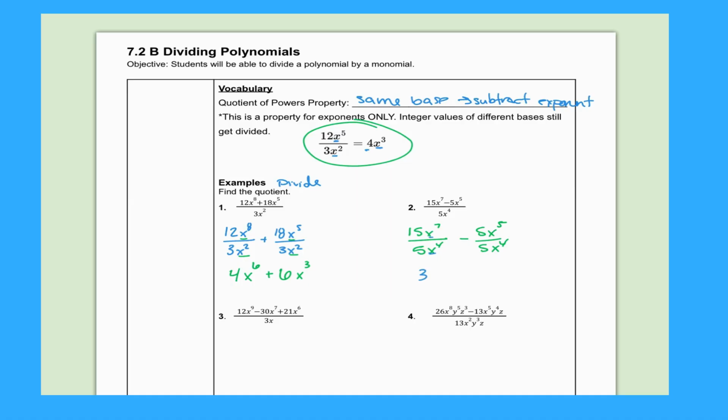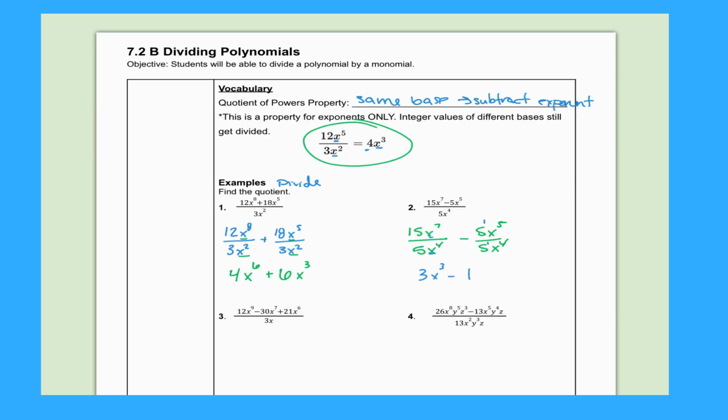X is like bases, we can subtract those exponents. 7 minus 4 is 3, so x to the 3 minus. 5 and 5 are like bases, so I could subtract the exponents, which are 1s, and 1 minus 1 is 0, so it'd be 5 to the 0, but anything to the 0 is just 1. Or I could divide them like normal. 5 divided by 5 is 1, so either way works in that case.